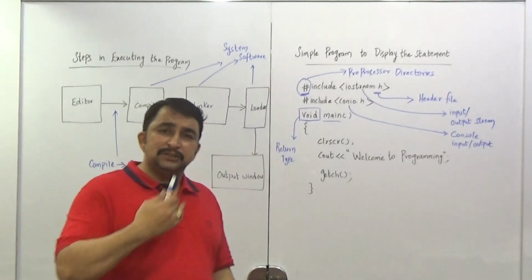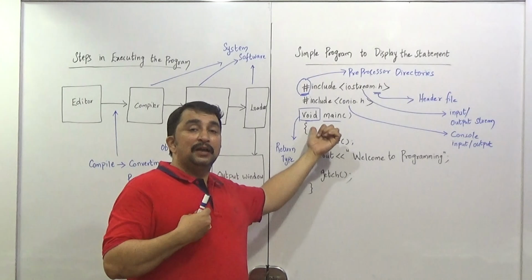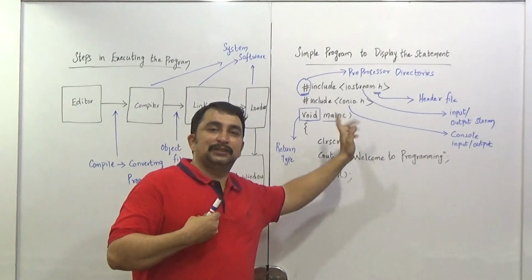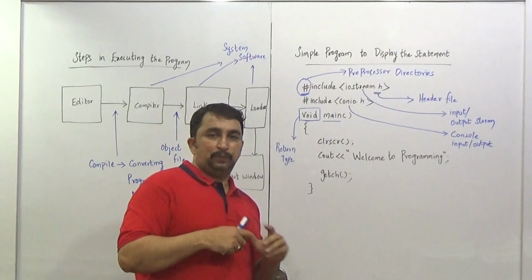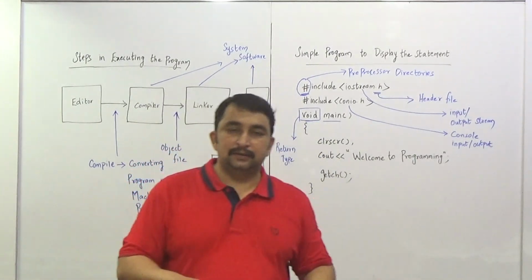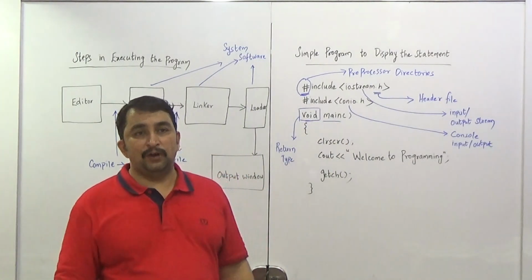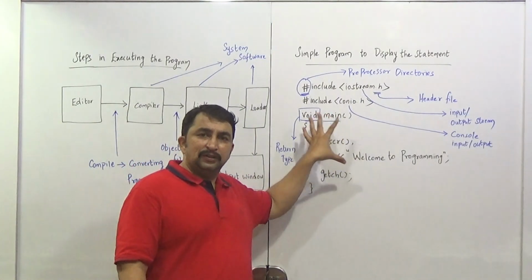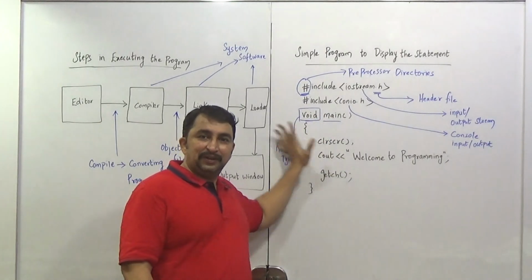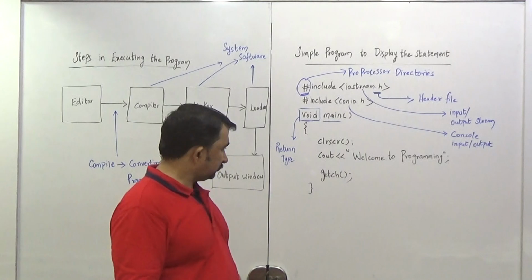Based on the type of value, I have to specify which type of value this function is returning. If I mention void, that means null. So this function is not returning any type of value anywhere. You got it? That's why I mentioned void.